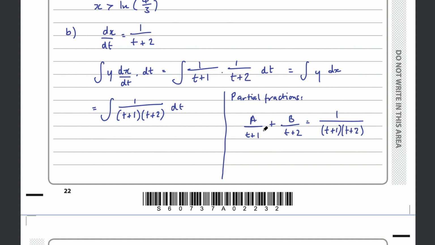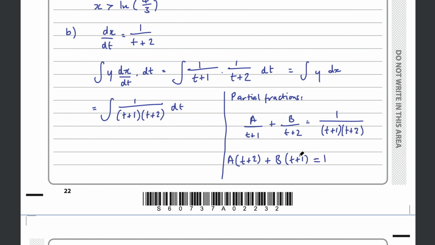Therefore, if we multiplied the left-hand side by this denominator here, we would have a times t plus 2 plus b times t plus 1, right? Those denominators would cancel with the t plus 1 and t plus 2 in this denominator, and this would equal 1. And then comes another difficult part.